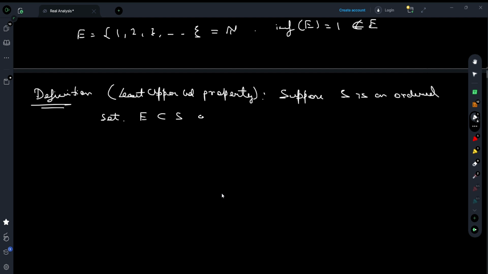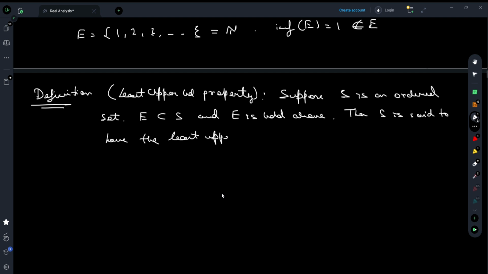Suppose S is an ordered set, E is contained in S, and E is bounded above. Then S is said to have the least upper bound property if the supremum of E exists in S. Clear? The supremum of E exists in S.